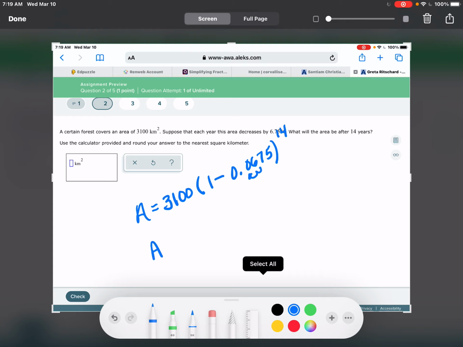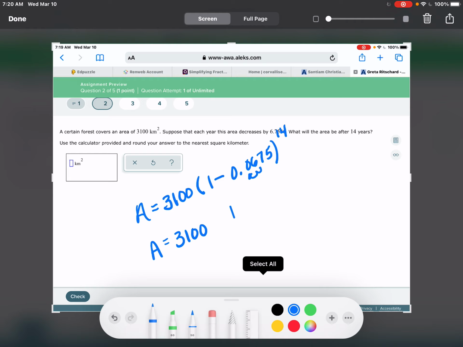All right, let me see if I get Alexa's help again. Alexa, what is 1 minus 0.0675 to the 14th power? Oh, that didn't work at all, did it?